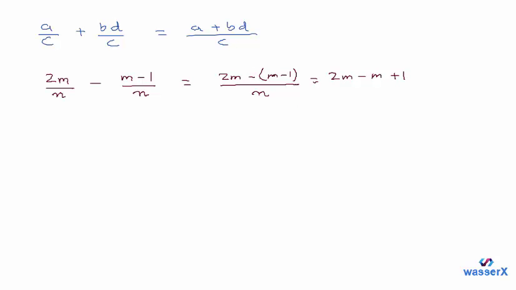Remember, the negative sign distributes over the numerator, and that's equal to 2m minus m, which is m, plus 1 on the top over n on the bottom.